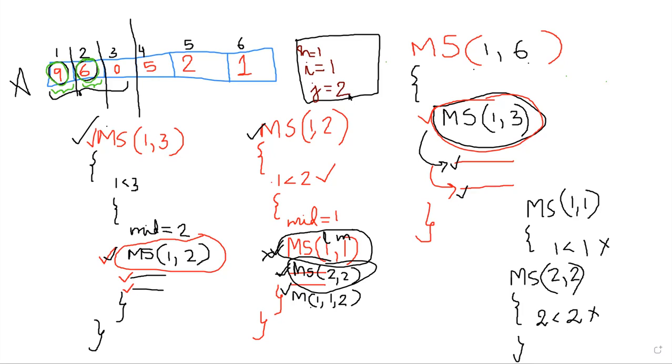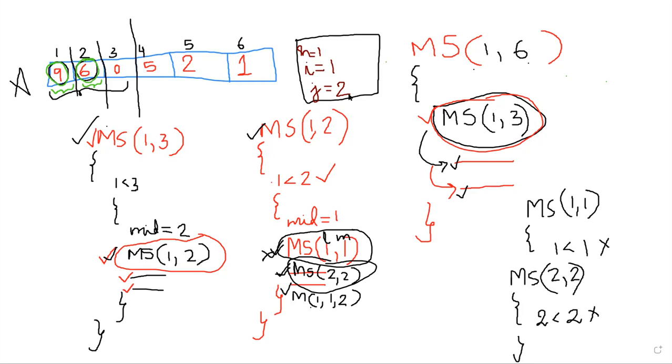Now let's check the second condition. Your j value is 2 and your high value is 2. So 2 is less than or equal to 2. Yes, the condition is true. So both conditions are true. Here the AND operator is used, so when both conditions are true, then only you can enter the while loop. So here you are entering the while loop.